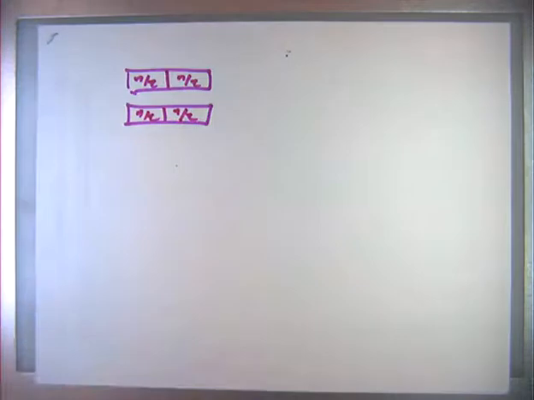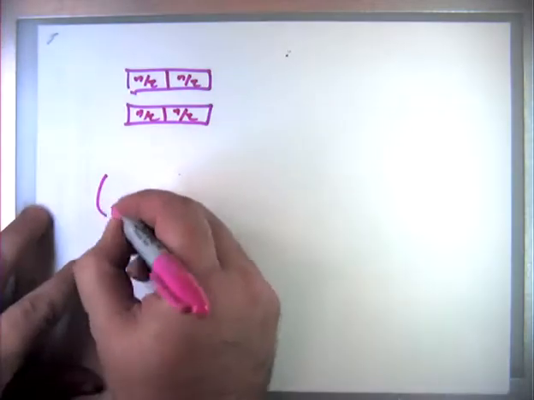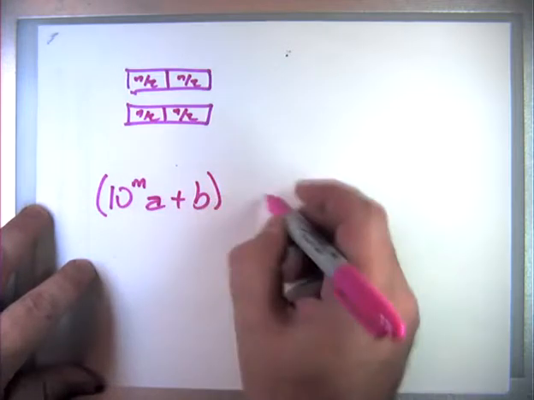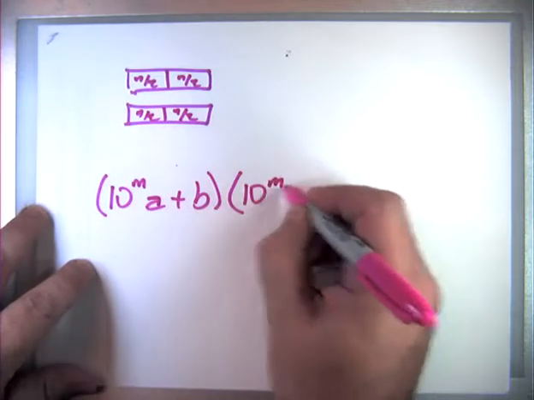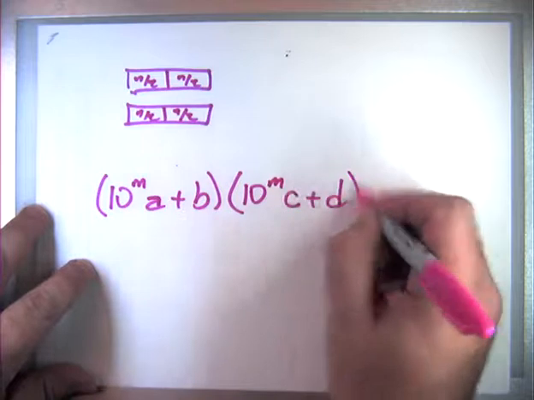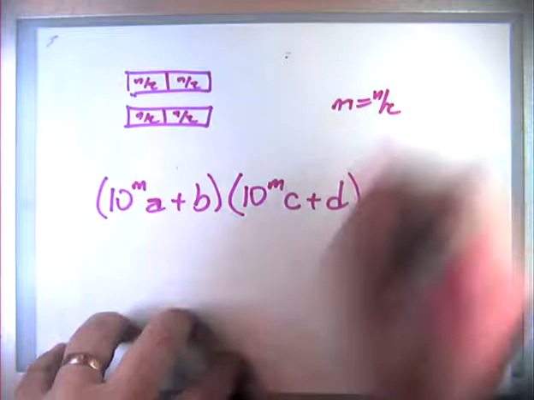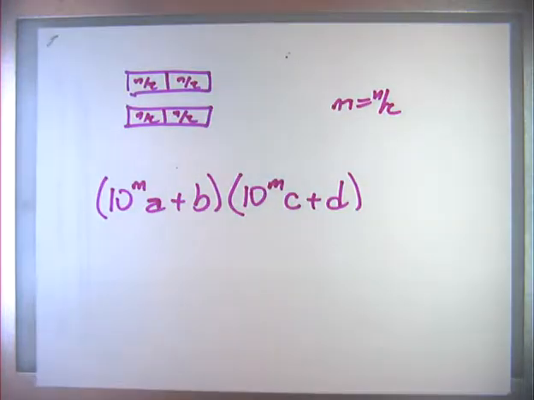So you can imagine, if I set m to be n over 2, I can write any n-digit number as 10 to the m a plus b, where a and b are m-digit numbers. And I can write the other one as 10 to the m c plus d, where c and d are m-digit numbers.